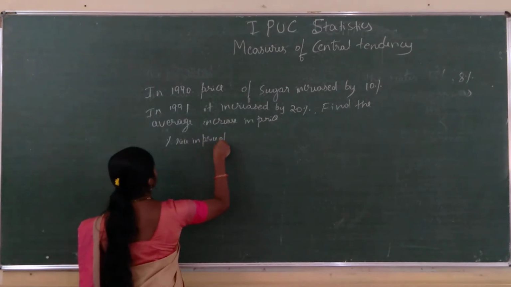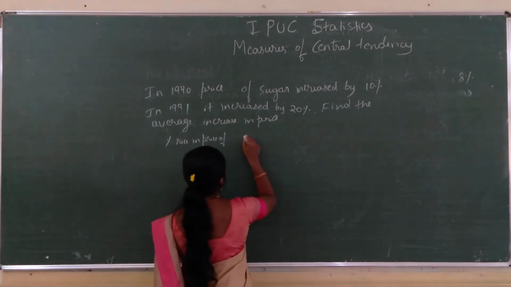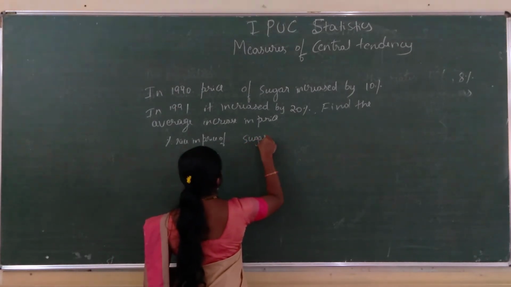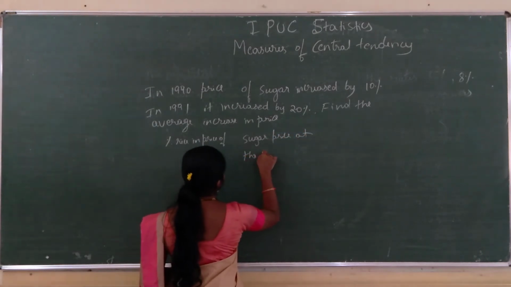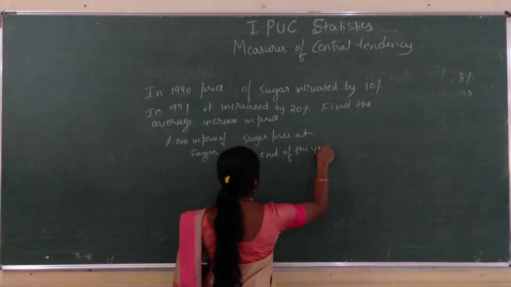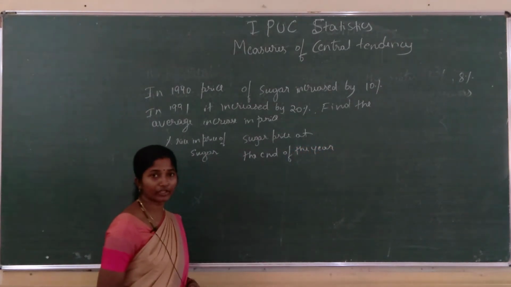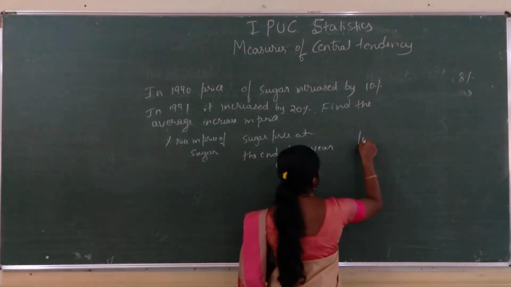Price of which one? Sugar. Then sugar price at the end of the year, this one I will take as x, then log x.